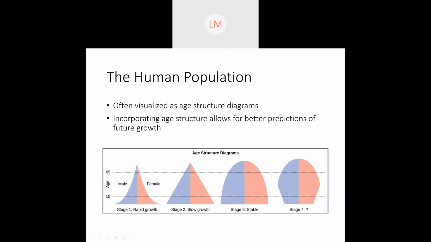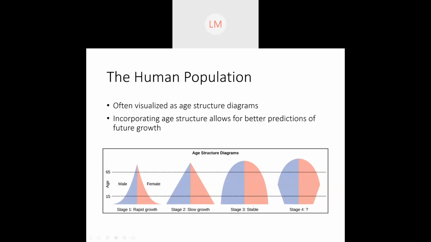That's typically what you see, where you have a lot of young individuals in the population, but it thins out pretty quickly. There's also this stage 2 slow growth, where we have more individuals in these lower age groups, and as we increase in age, they do decrease, but it's just not quite as steep of a decrease. So individuals are able to live longer in this slow growth stage.